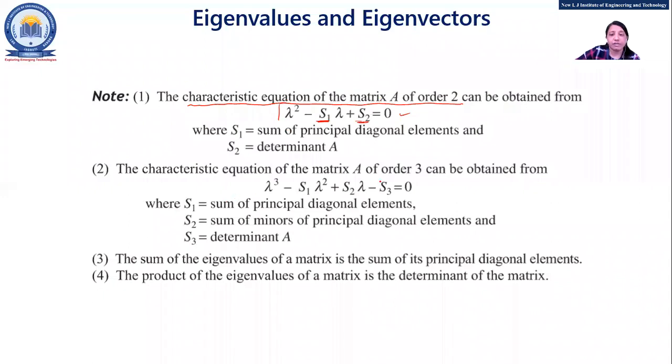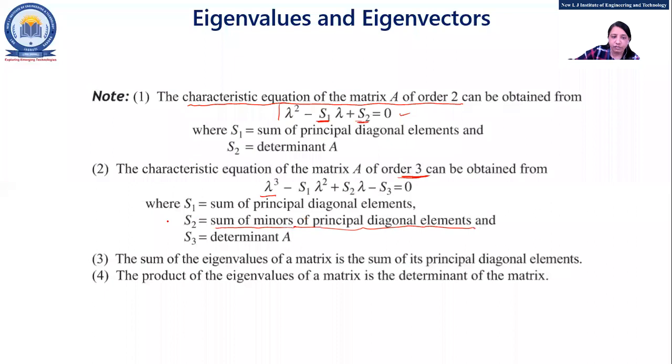If your matrix is of order 3, then the equation is lambda cube minus S1 lambda square plus S2 lambda minus S3, where S1 is the same as before, the sum of diagonal elements. Now S2 changes. S2 is the sum of the minors of the principal diagonal elements.